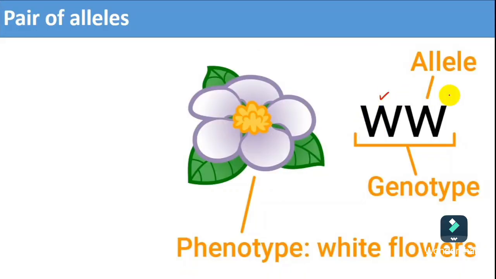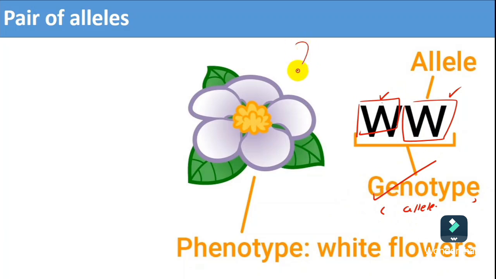So we have a pair of alleles, like W capital, W capital. We have two alleles here. And the symbols, the two letters that we have, the genetic makeup, the structure of the gene, is called the genotype. So genotype is the form of alleles that exist in the gene.